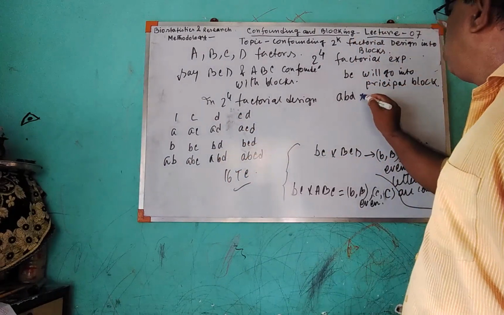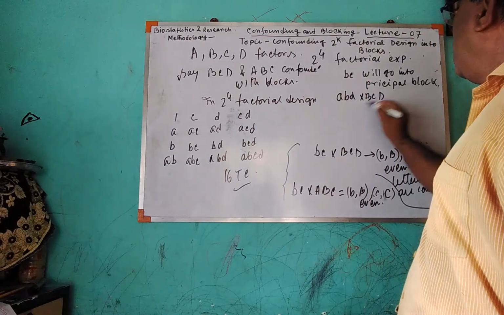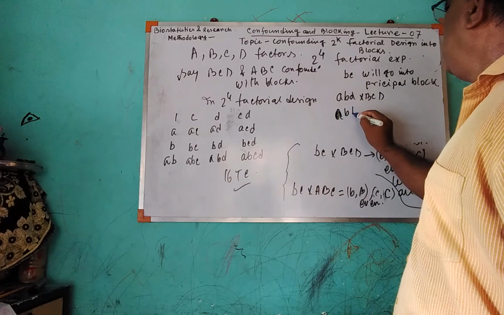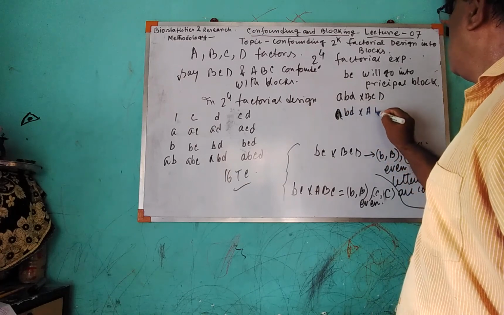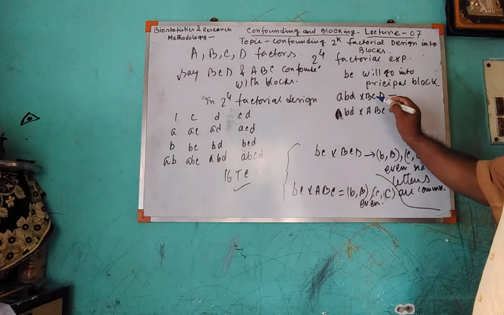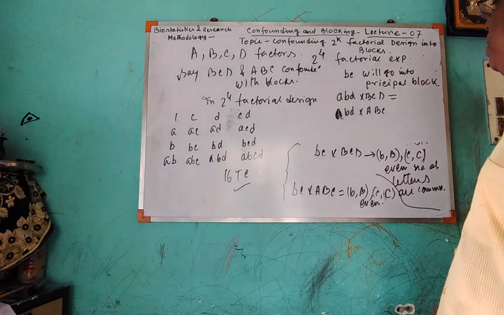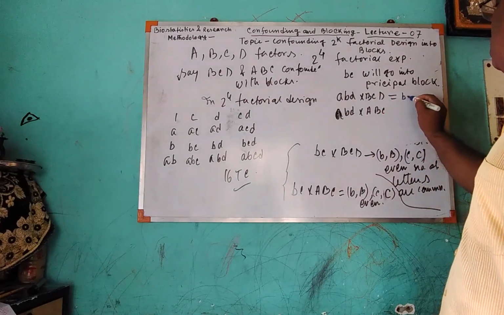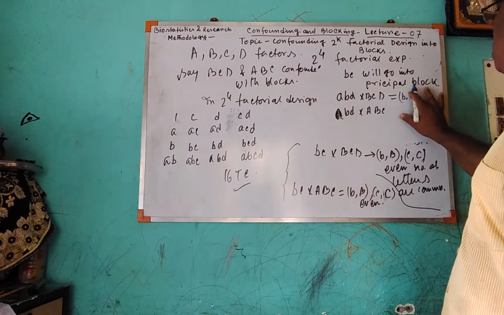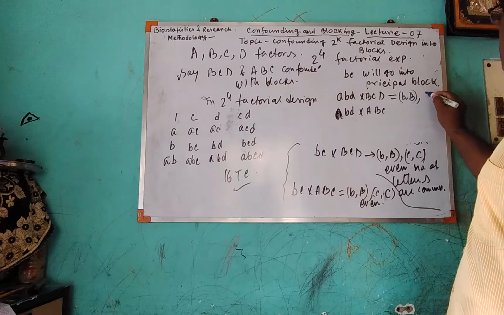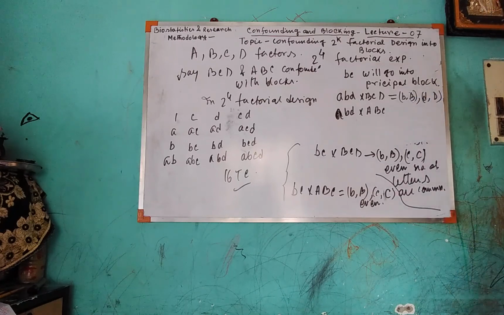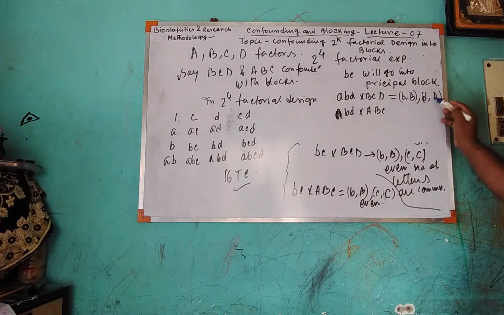You see, ABD into BCD: B and D are common, two, an even number of letters common.